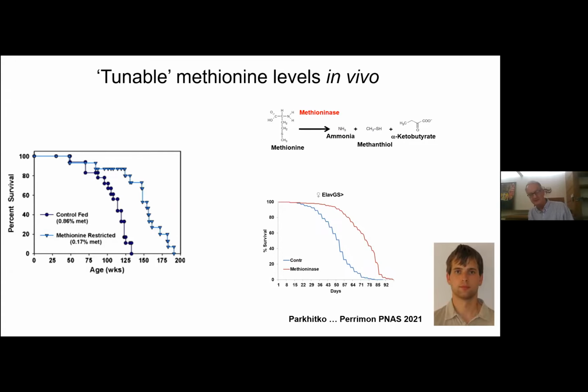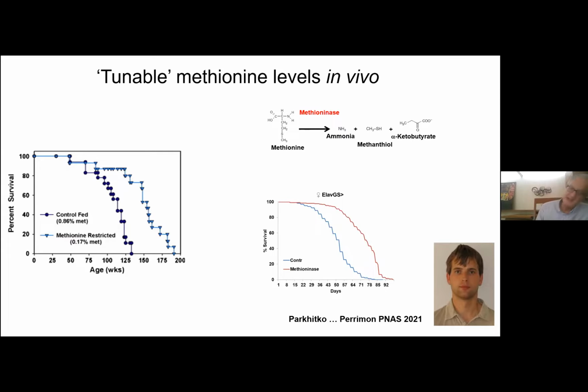So what Andrei did while working in the Perrimon lab was to employ a bacterial enzyme, methioninase, which is able to degrade methionine into ammonia and other components. In data that I won't show, he could express this in animals in a tissue-specific fashion and lower the level of methionine in that tissue to levels similar to what one sees in a methionine-free diet in flies.